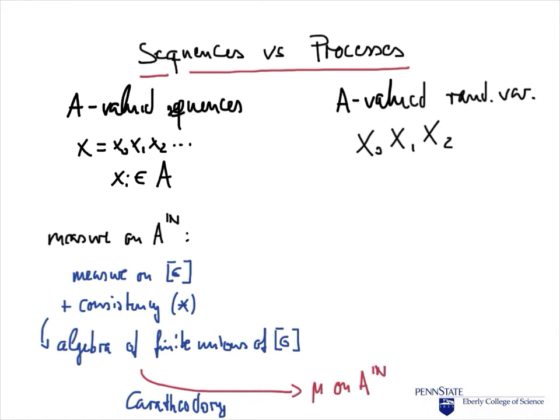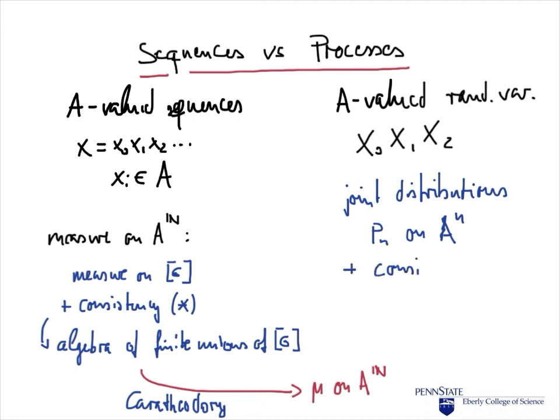On the process side, we started with the joint distributions, those were probability measures Pn on A to the n, and then we had the consistency condition 2 star between those probability measures, and then you use the Kolmogorov extension theorem to arrive at the same measure.